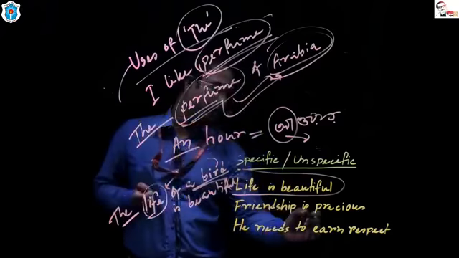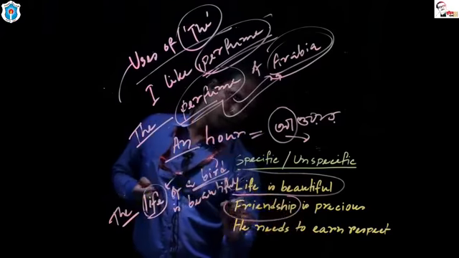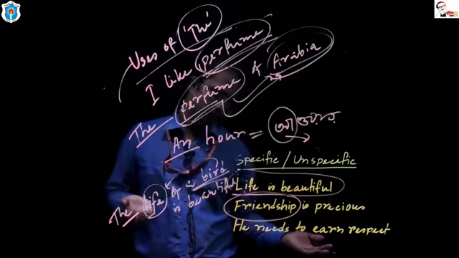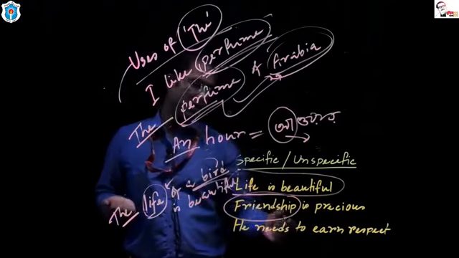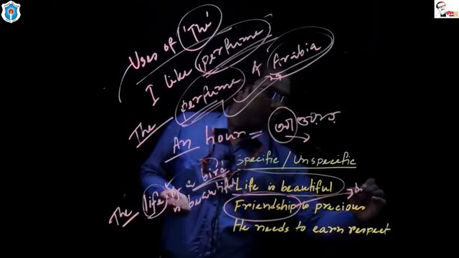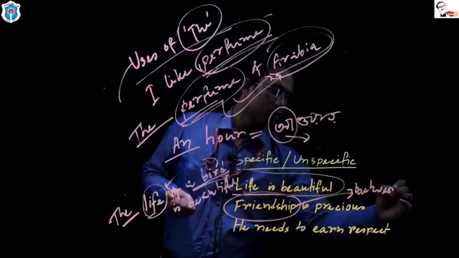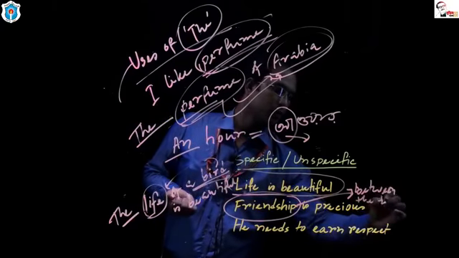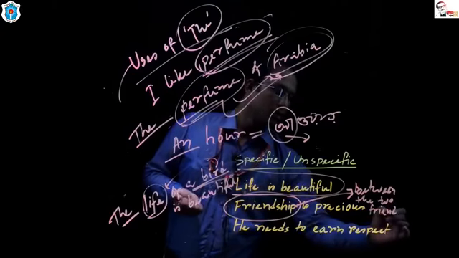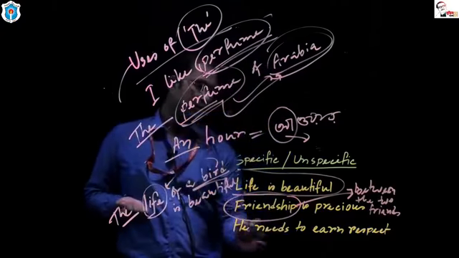Now friendship is precious. This noun is unspecific. Friendship, any kinds of friendship is precious. But if I tell the friendship between the two friends, then what type of friendship?